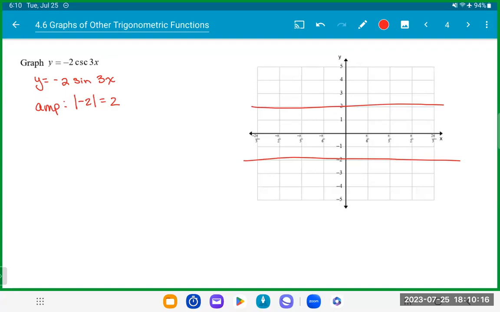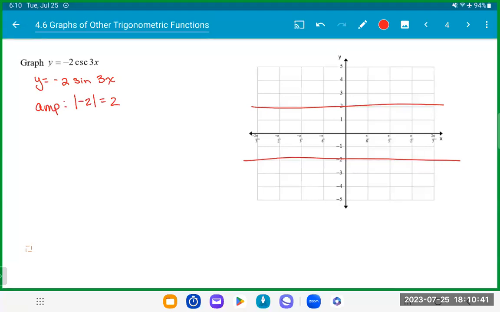So my regular sine is going to oscillate within those bounds set by the amplitude, okay? Now, for my cosecant graph, there is no amplitude, right? But right now, we're strictly talking about our sine graph, okay?